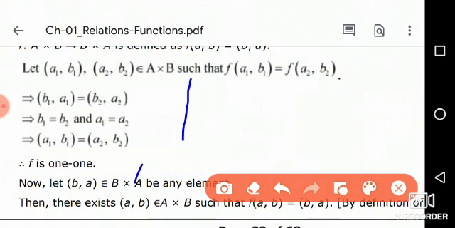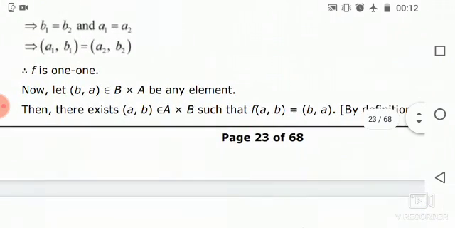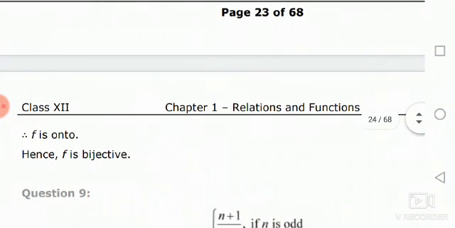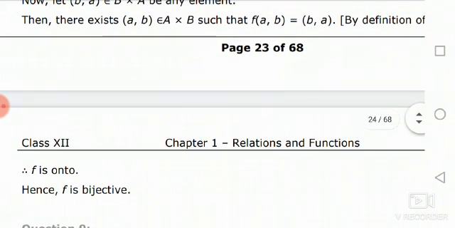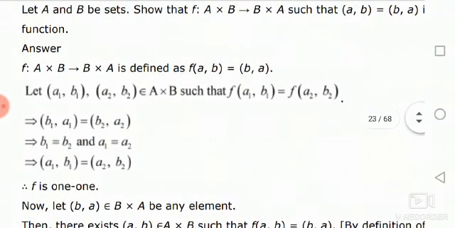By definition of f is onto, hence the given function is said to be bijective. Dear students, therefore the given function f from A cross B to B cross A, defined as f of a comma b is equal to b comma a, is a bijective function.